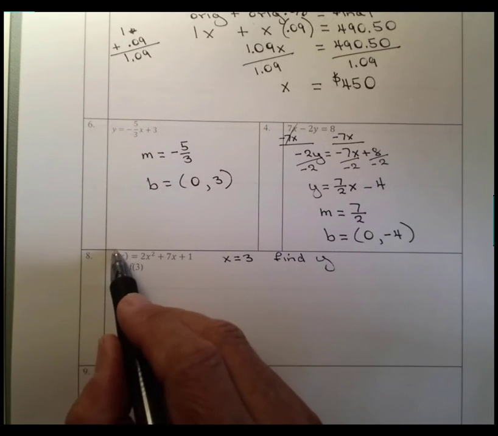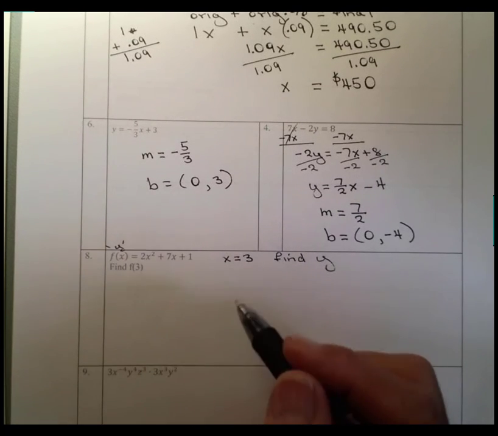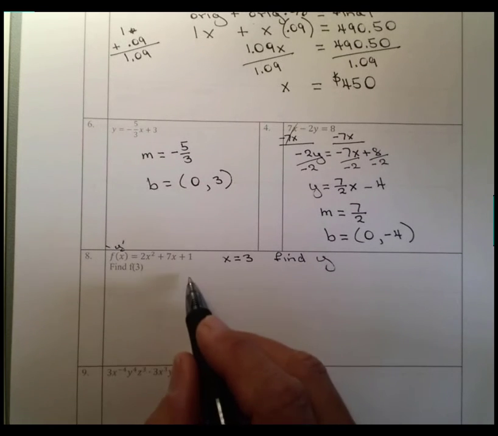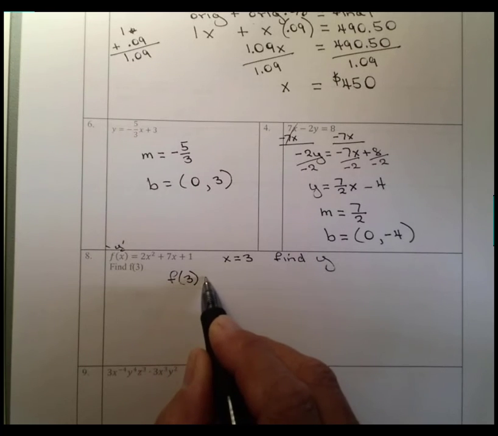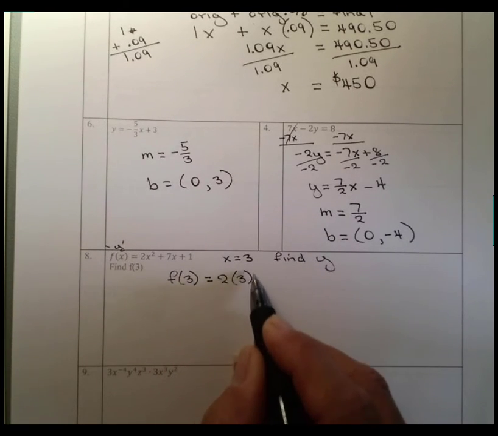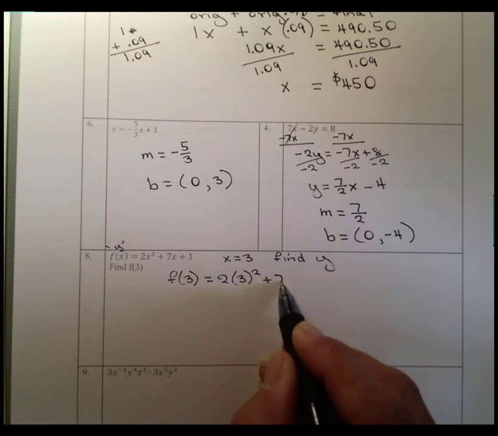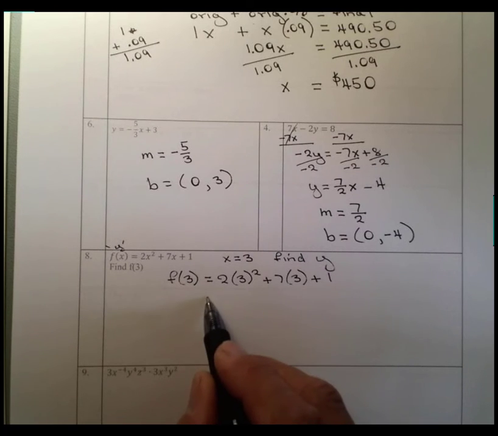Because f of x here, we could substitute in y is equal to 2x squared plus 7x plus 1. So I'm going to write it like this. I'm going to say f of 3, the function of 3 is equal to 2 times 3 squared plus 7 times 3 plus 1. And now all I have to do is do the math.